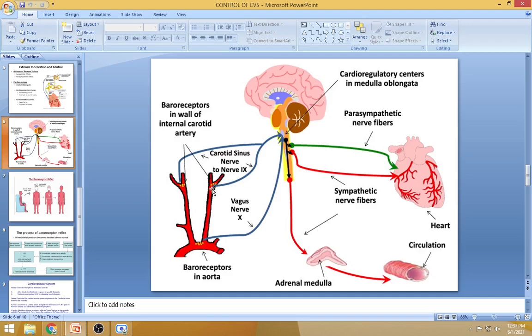That stimulates the baroreceptors. So if the pressure is more than normal, the normal pressure is 120 by 80. 120 is the systolic pressure, 80 is the diastolic pressure.